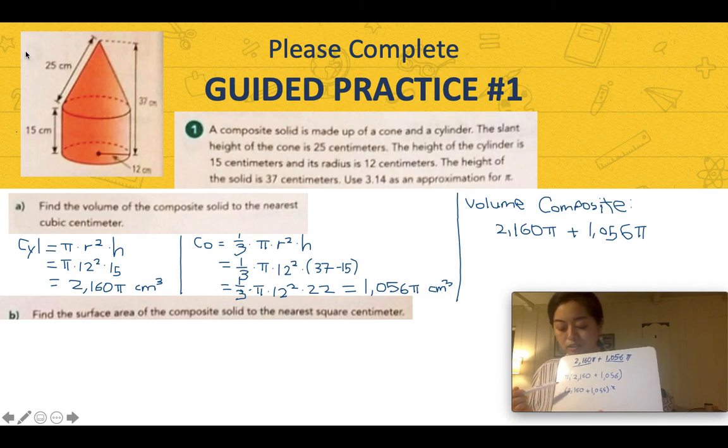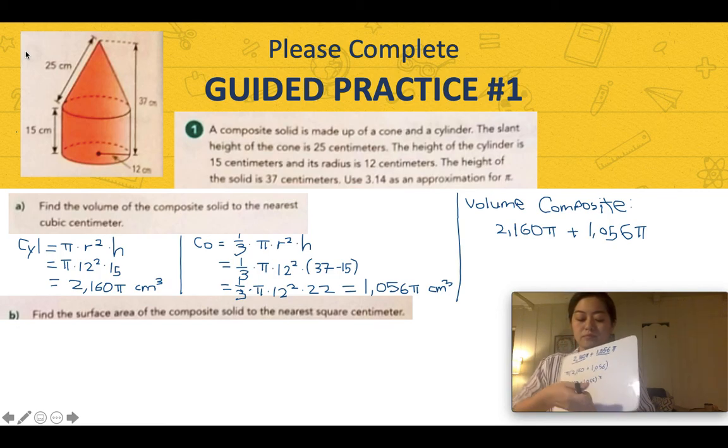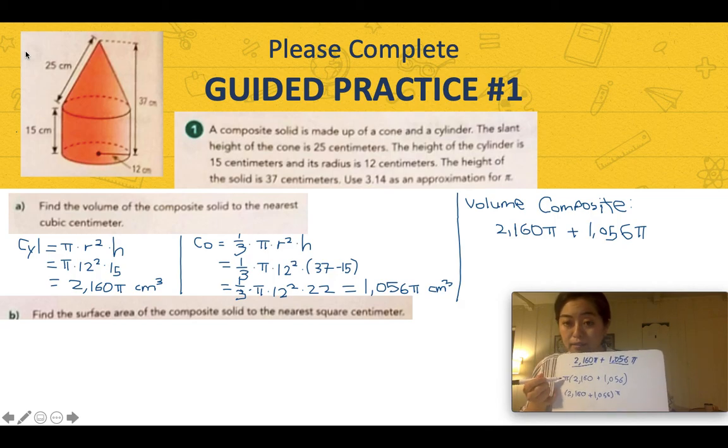So what I'm doing is I just factored out pi, okay? And this is equivalent to this because if I distribute this pi in the second line here, times the first term in there, times the second term in there, I will get this line at the top. Do you see that? Okay.